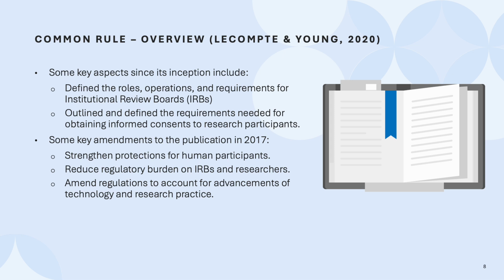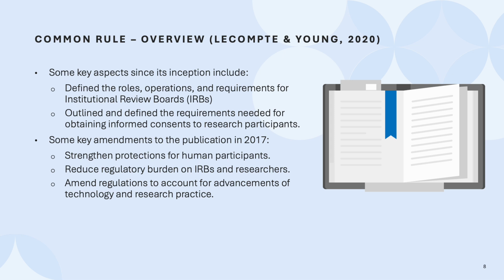These boards are critical in safeguarding the rights and welfare of research participants. Secondly, the policy meticulously outlined and defined the requirements needed for obtaining informed consent from research participants. This ensures that individuals fully understand the nature of the research and voluntarily agree to participate.